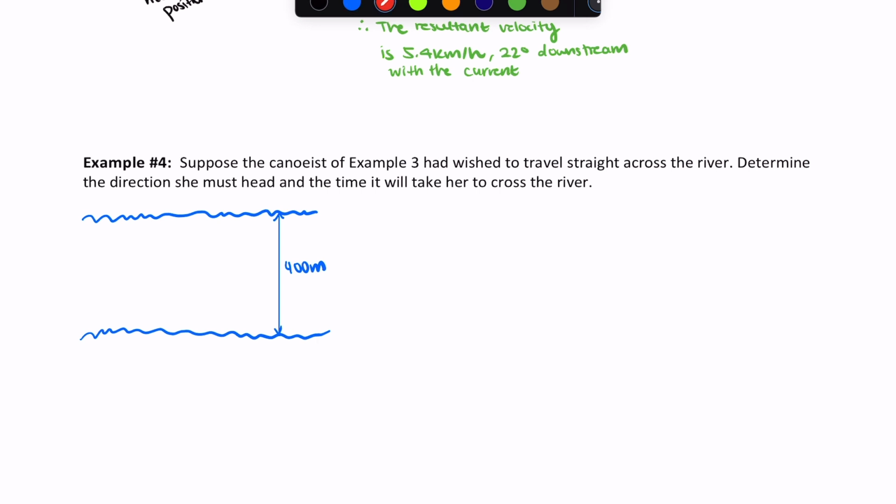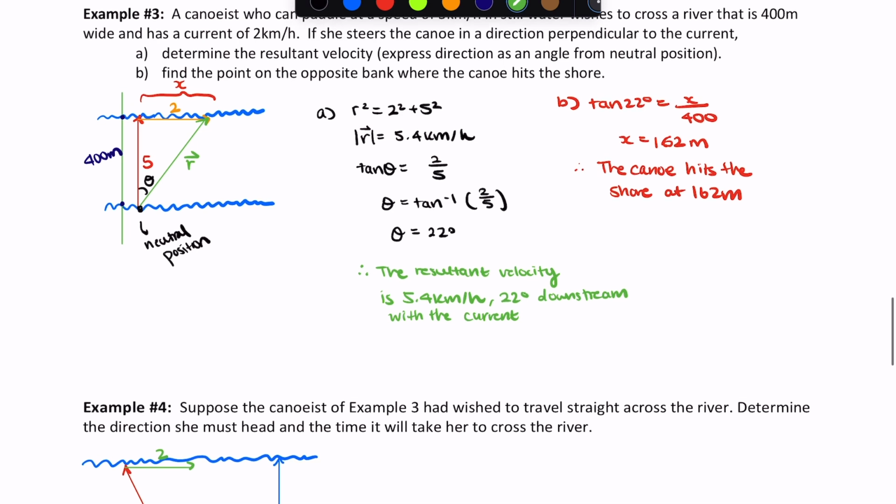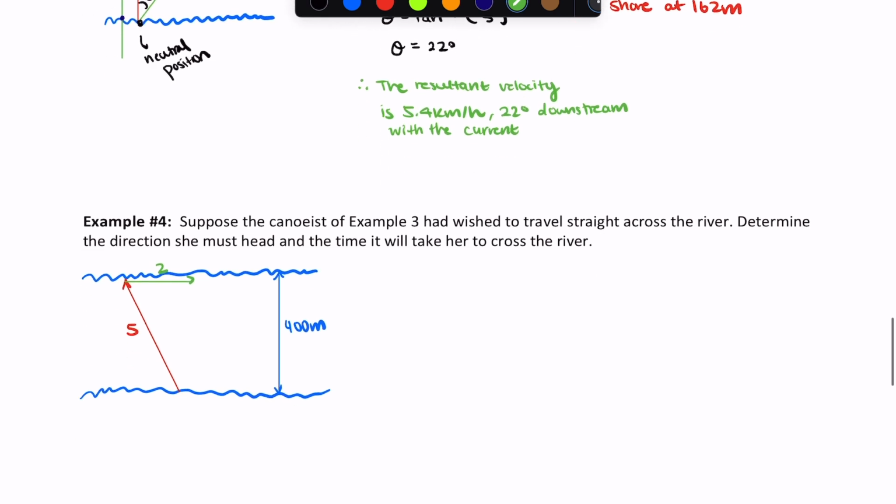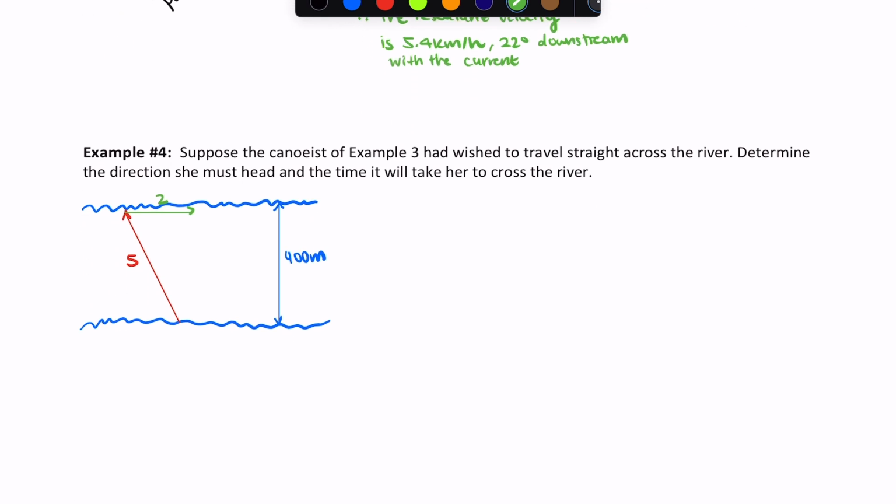Here we'll look at our velocities and our vectors. Here, this would be 5. This is 2, which was the current vector.